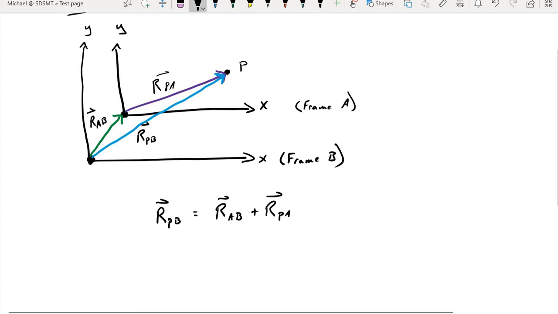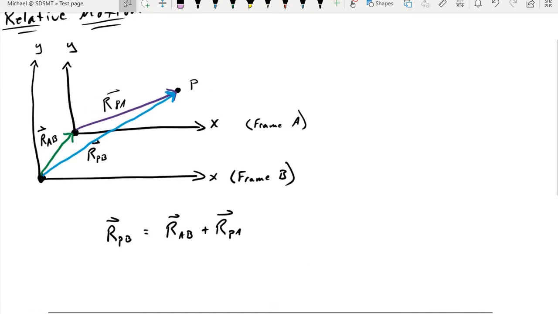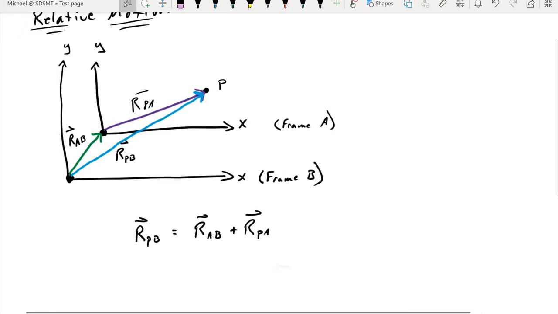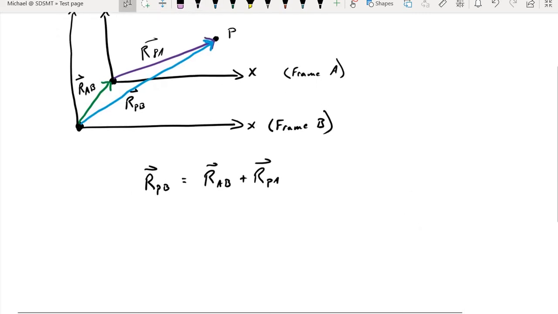And the way that we do that transition is right here, by knowing where the two reference frames are in relation to each other. So now what we can do, and the math is actually going to go pretty quick now, because we already have all of the definitions that we need for things like position, displacement, velocity.